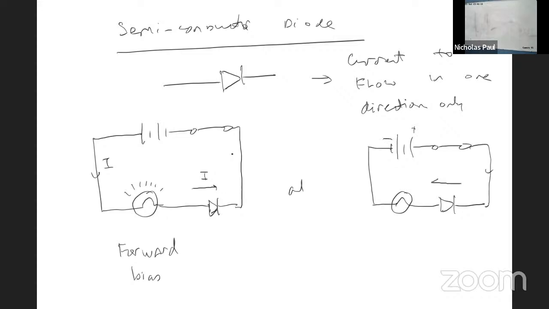When the current is going against the arrowhead, no current will flow, and the bulb will not light. That is called your reverse bias state. That's yesterday. You better remember it.